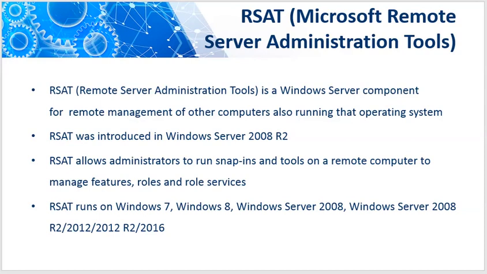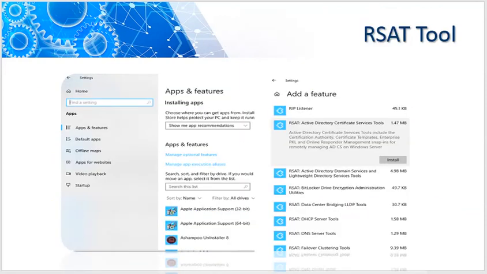So the RSAT utility lets you easily maintain the configuration, management and monitoring of roles and services. It runs on Windows 7, 8, 2008, 2008 R2, 2012, 2012 R2, 2016, and more with new products.